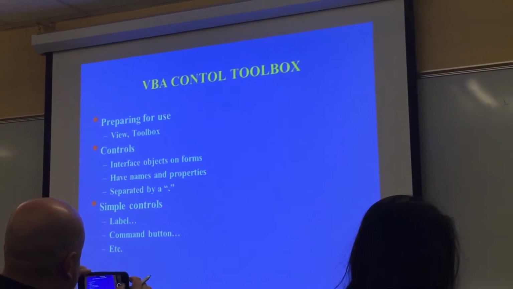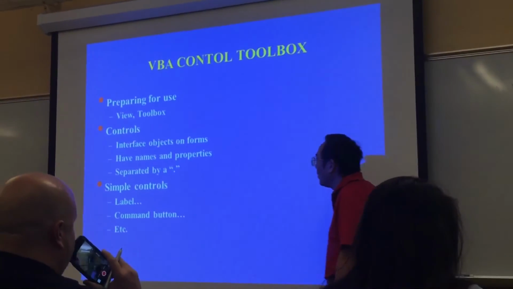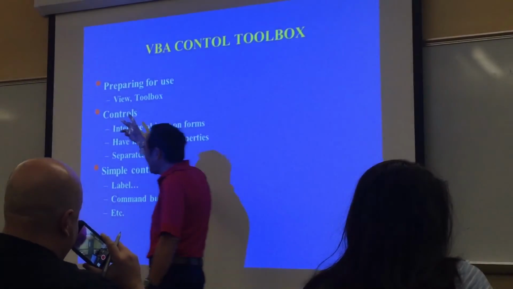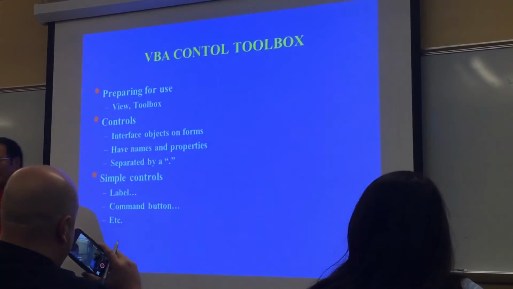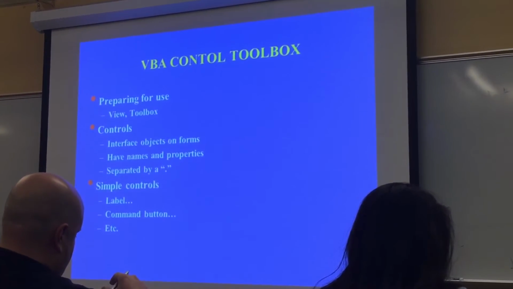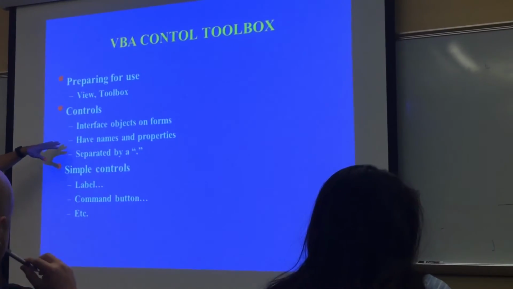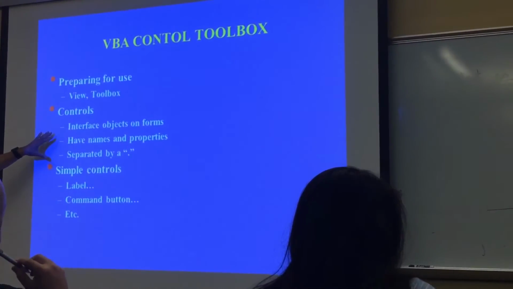The little thing on the left-hand side was the control toolbox, and if it disappears, you can always make it come back by going to View and Toolbox. It contains these things called controls, which are objects on top of forms that you use to interface with the program.